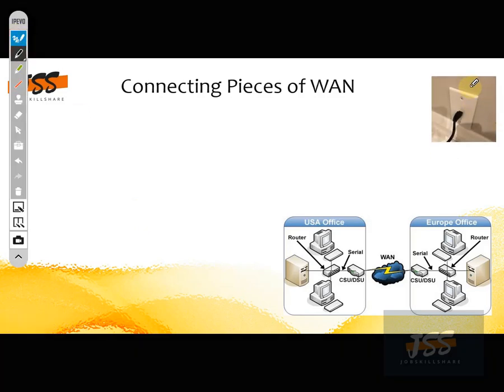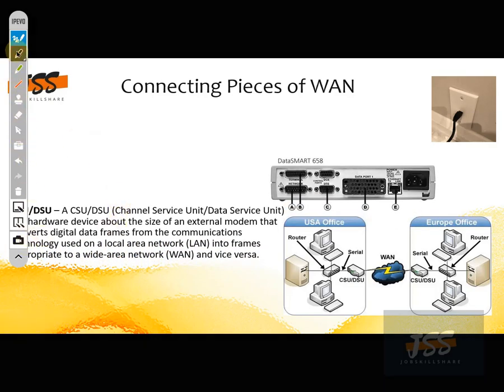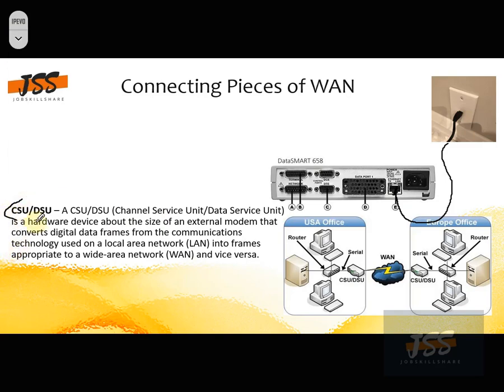This is a demarcation point, and behind that we have the service provider, the ISP, and from here the CPE starts, our customer. And this is an RJ45 cable, which will be connected with the RJ45 of this CSU/DSU device.